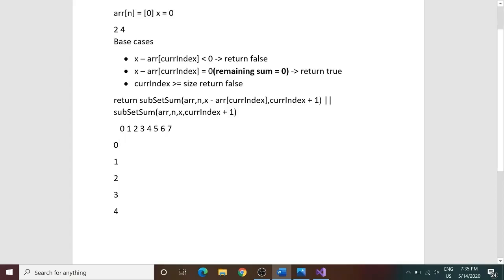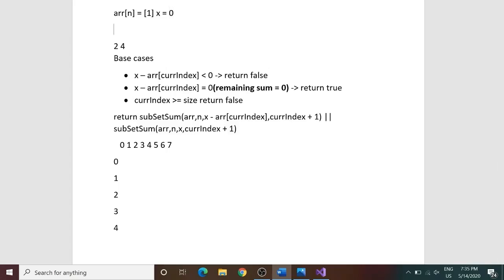Now, what does this node mean? The intersection of this 1 and this 0. So, row number 1 and column number 0, what does that intersection mean? That intersection means that I have an element of 1 with me. Just tell me, can I create a sum of 0 from these elements or not? Do I have any subset of these elements which sums up to 0?